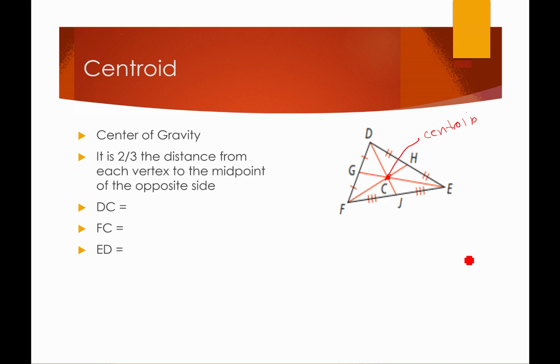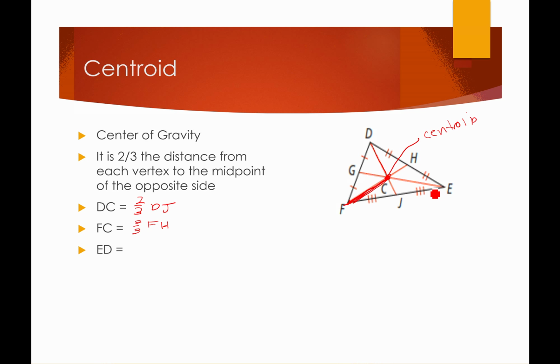It is 2/3 the distance from each vertex to the midpoint. So from the vertex to a midpoint is 2/3 of the whole line. So DC is 2/3 of DJ. FC is 2/3 of FH.